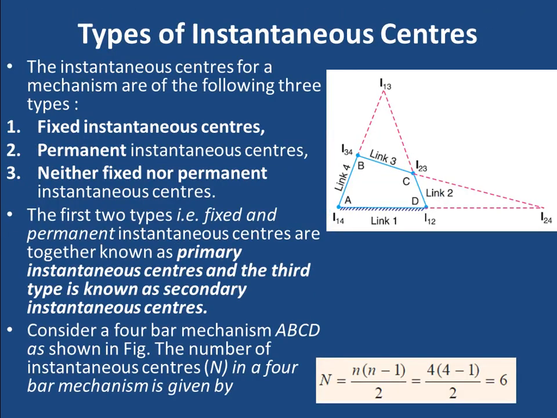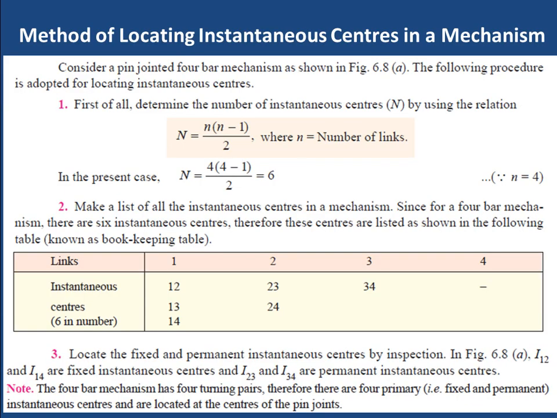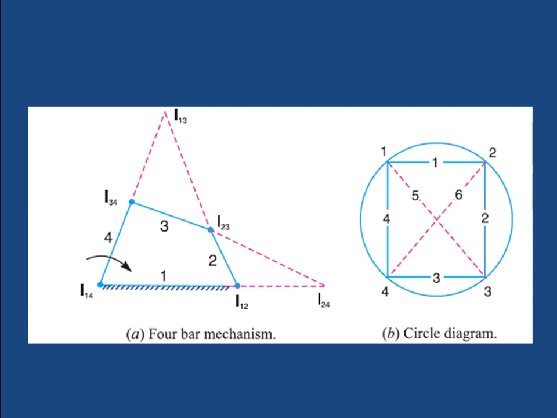So mark I12 and I14 as fixed I centers, and I23 and I34 as the permanent I centers.